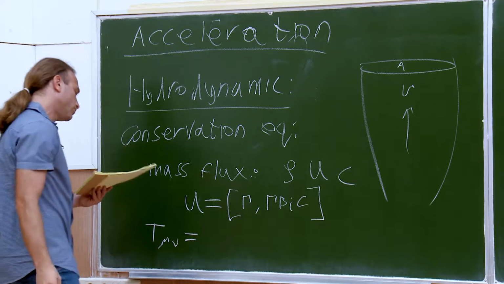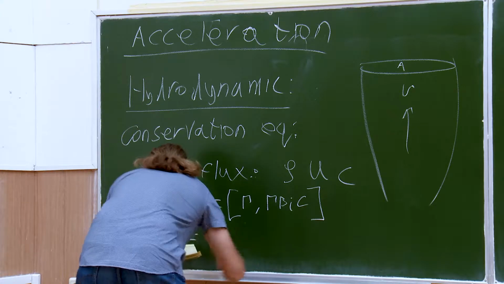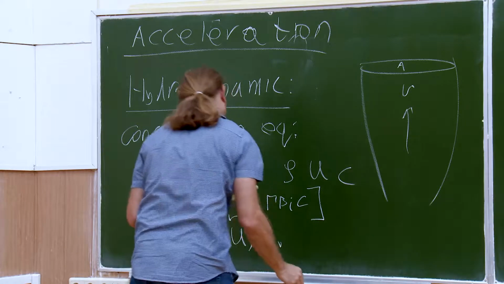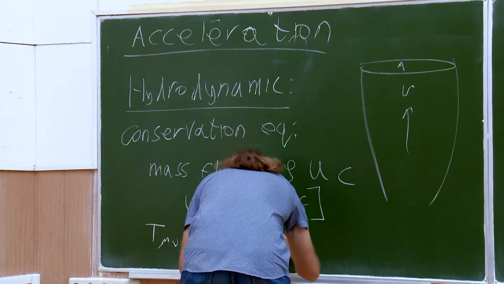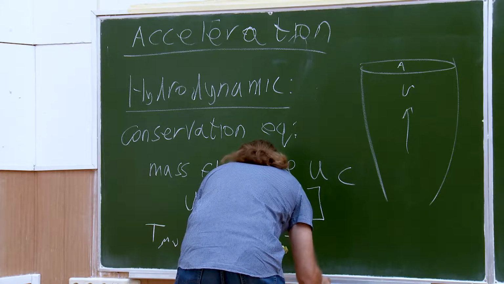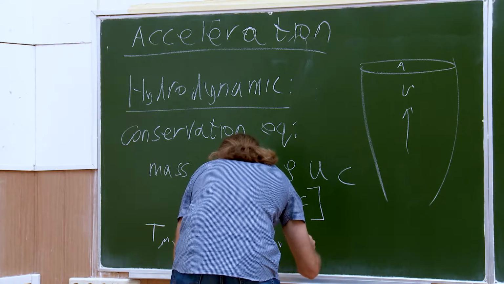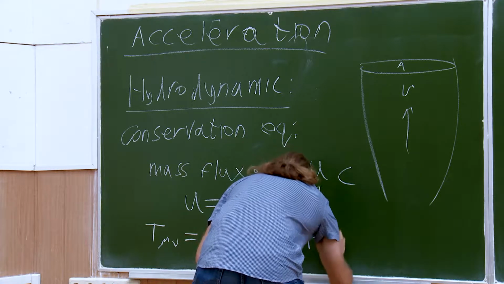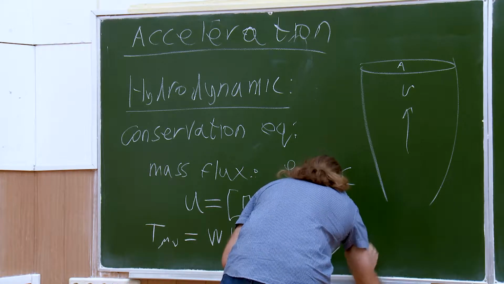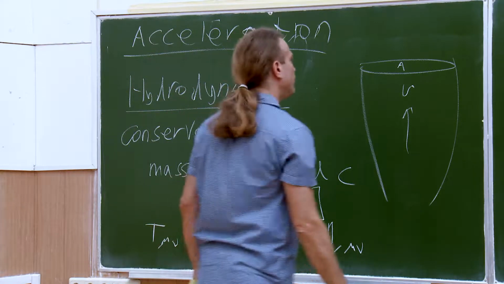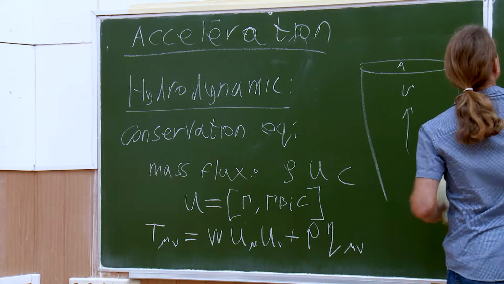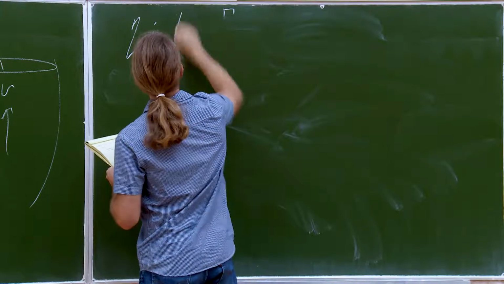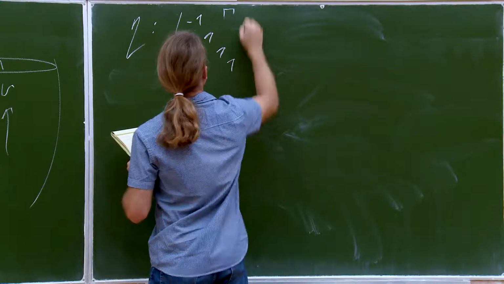And this one is equal to W U^mu U^nu plus P eta^{mu nu}, where eta is just the matrix diag(-1, 1, 1, 1).